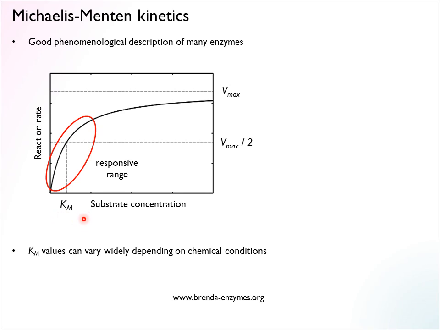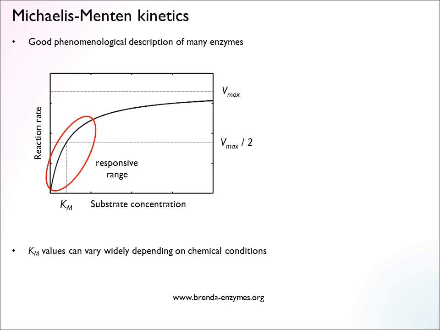But the Michaelis-Menten constant, Km, which is the substrate concentration where the enzyme rate is half maximal, says something about how quickly the enzyme saturates. This parameter is quite useful because it tells you how saturable the enzyme is.